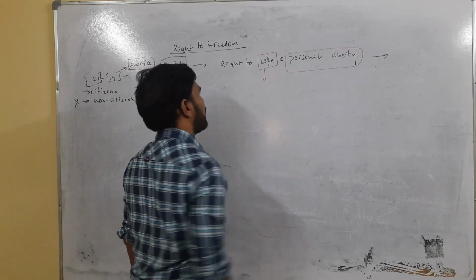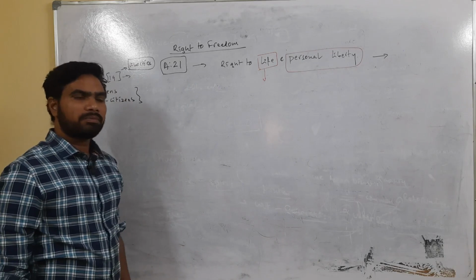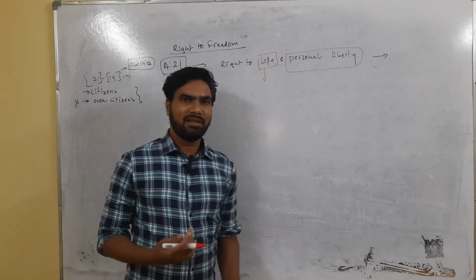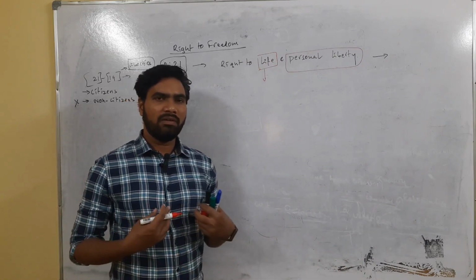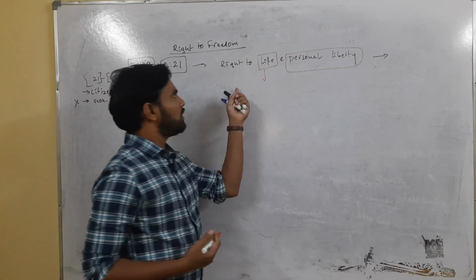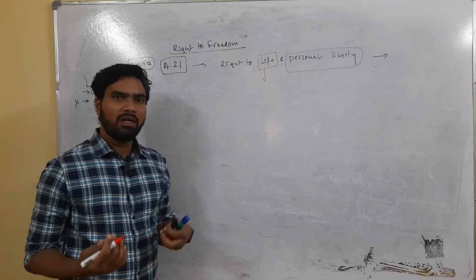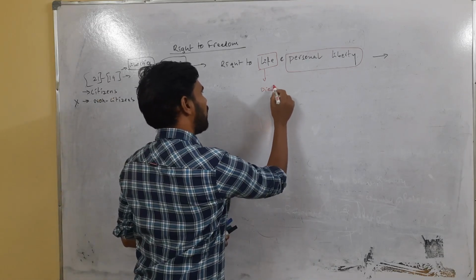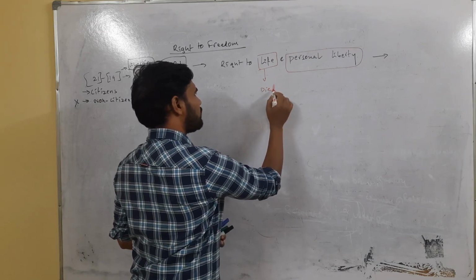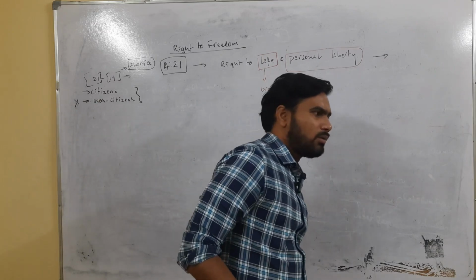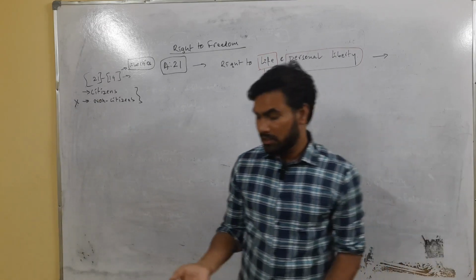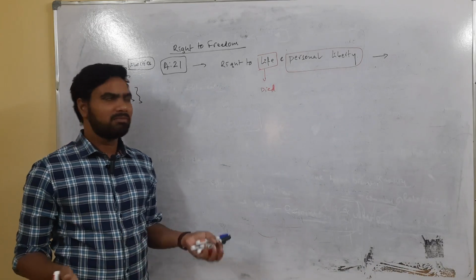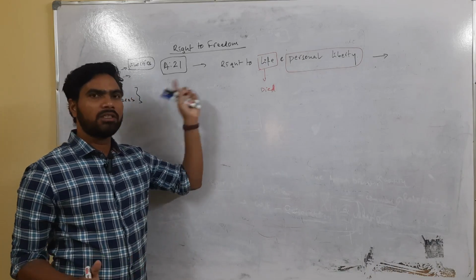What is the meaning of right to life? Life means we are alive, and if the right to life were not guaranteed under the Constitution, then if the state, for example the government, kills us, that would be allowed if there were no Article 21.